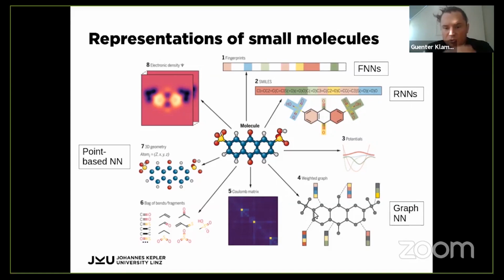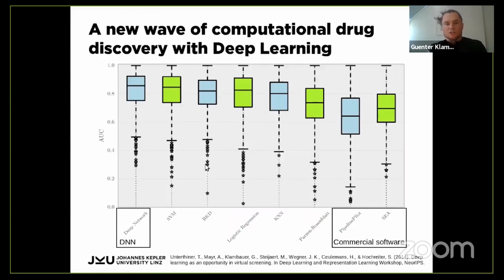Of course, very natural, and we all learned it in school. It's a graph representation. Here, graph neural networks could work, and there are also other representations, like sets of fragments, and also representing this as a point cloud and using some point-based neural networks. So all of these representations can go with some machine learning techniques.